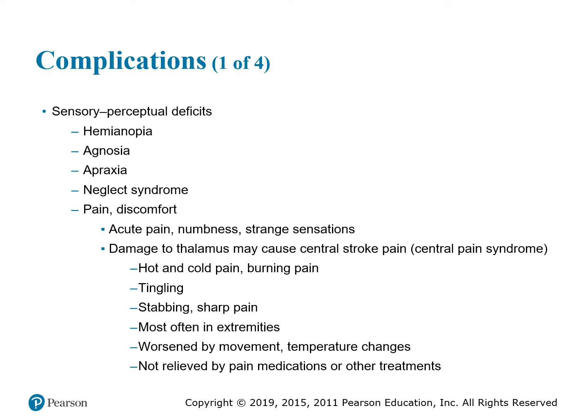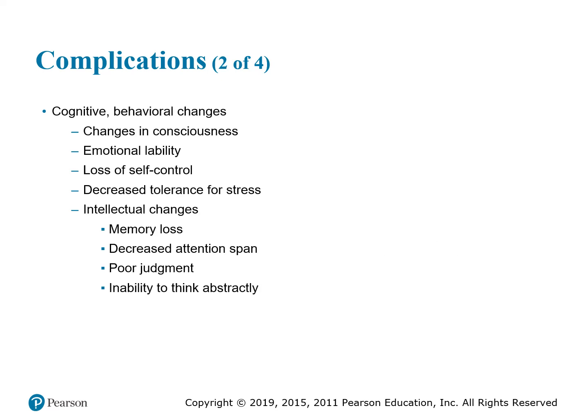And this is where you have hot and cold feelings, burning, tingling, sharp, stabbing pain, most often in the extremities. It worsens with movement and temperature changes. The painful sensations are not relieved by pain medications, nor are there any specific treatments. So in other words, it's neurological damage and it can't be fixed, and they may have to deal with that.